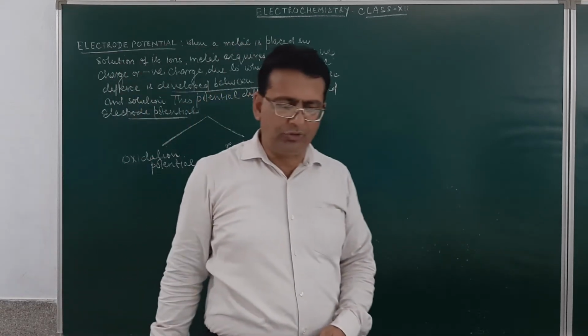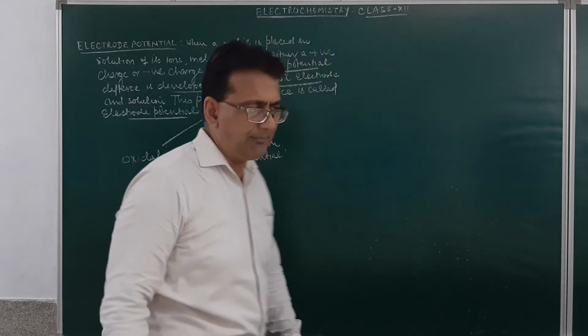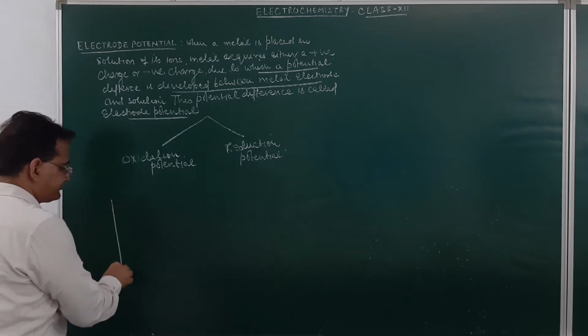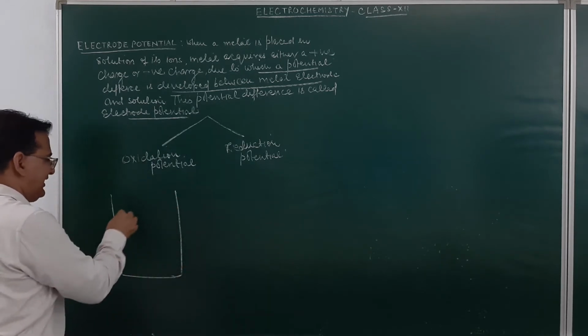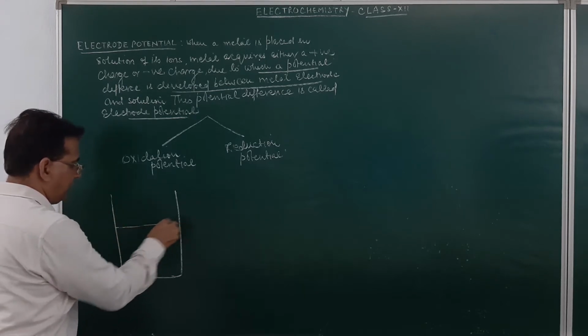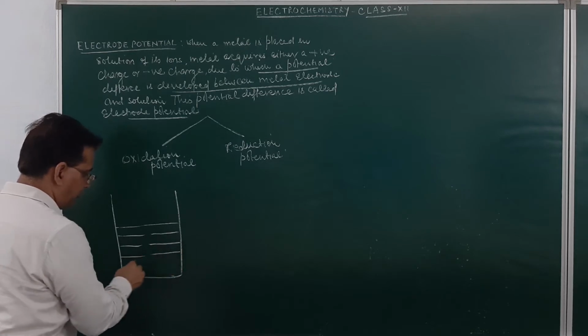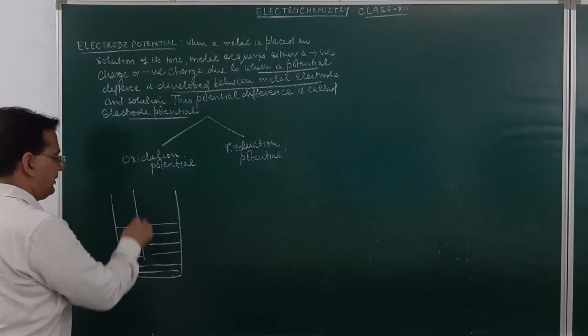Now, of course, the oxidation potential occurs in the oxidation half. What happens in the oxidation potential? We have the electrode dipped in an electrolytic cell where the electrolytes are present.